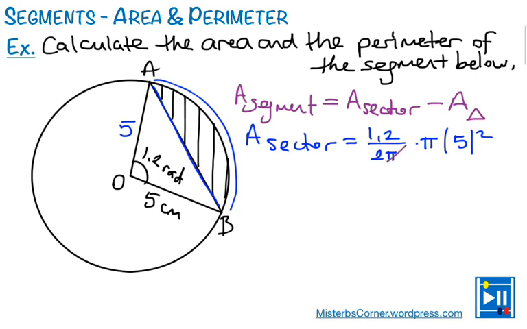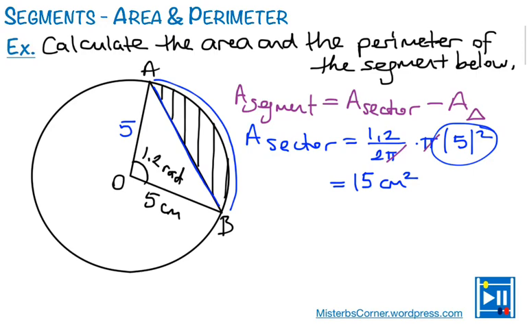The pi's will cancel each other out, so that's going to be 25 multiplied by 1.2, which is 30. 30 divided by 2 is 15 centimeters squared. So this is the area of the sector.